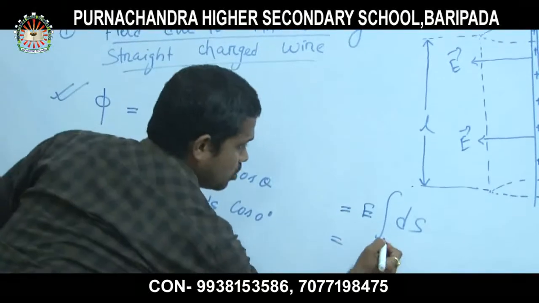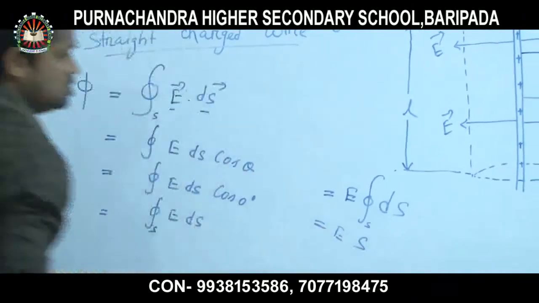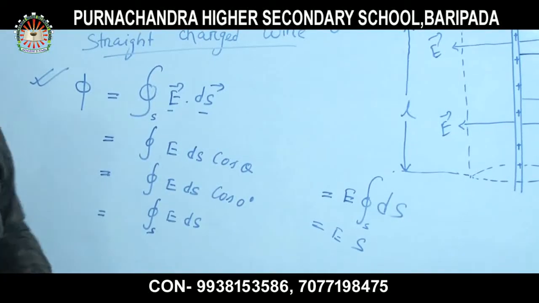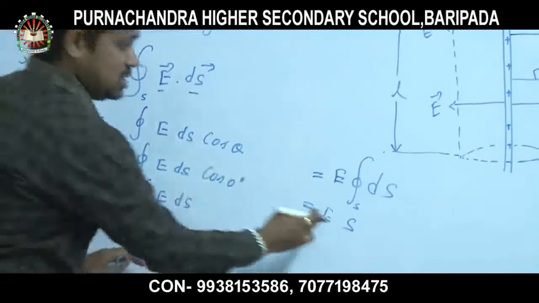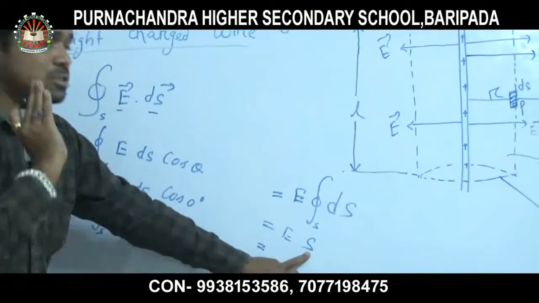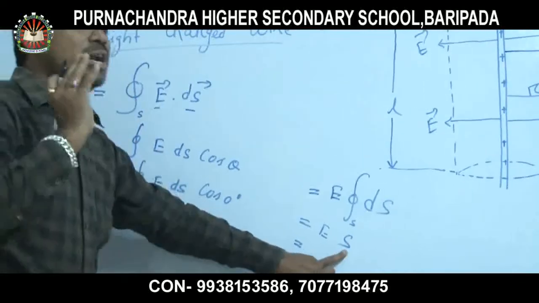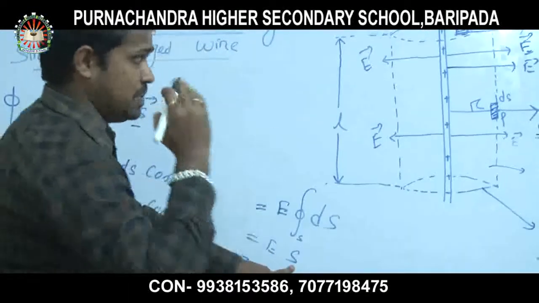So that is equal to closed integration over ds. As you know, integration of ds is S. Remember, again I will repeat, this S is the surface area of a cylinder. Which type of surface area of a cylinder? The curved surface area of a cylinder.